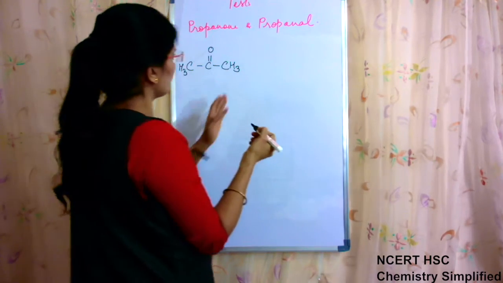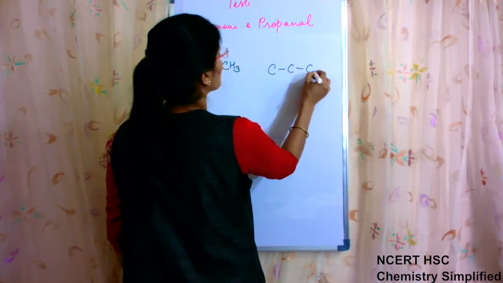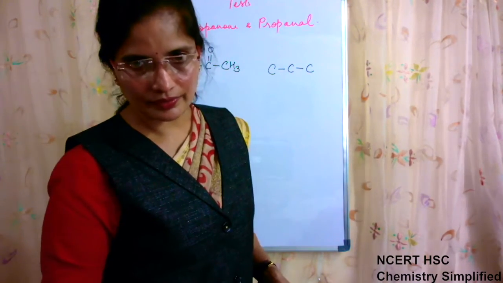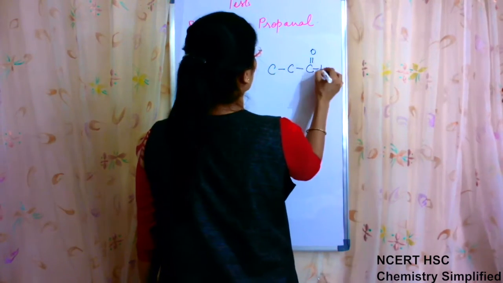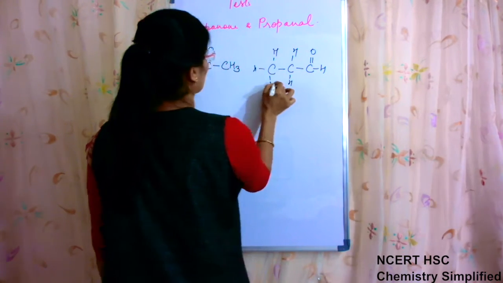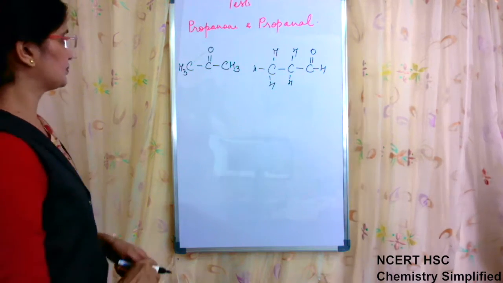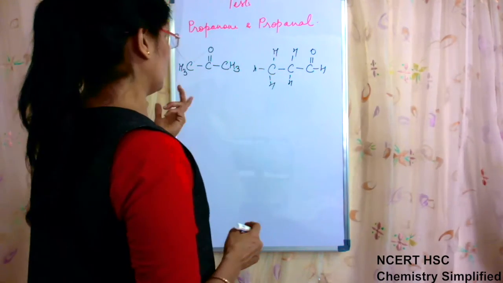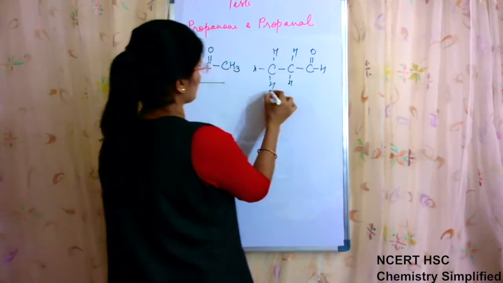This is propanone. And propanol, 1, 2, 3: the third carbon will have the double bond O, H. This is propanal.